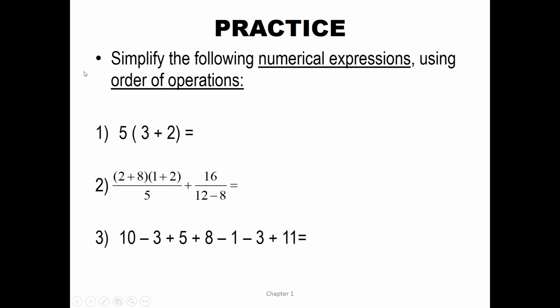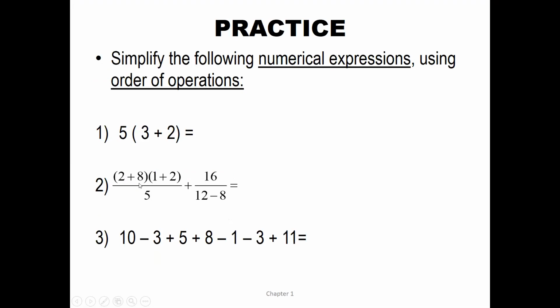Okay. So what you can do here is we'll just go through a couple of these. Again, remember, do the parenthetical part first. So this is 5 times, and then 3 plus 2 is 5. So this is 5 times 5. Here, again, add these up.